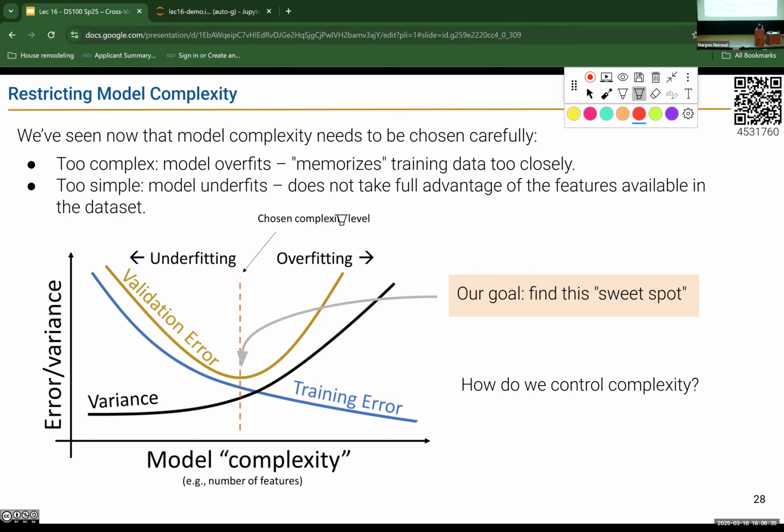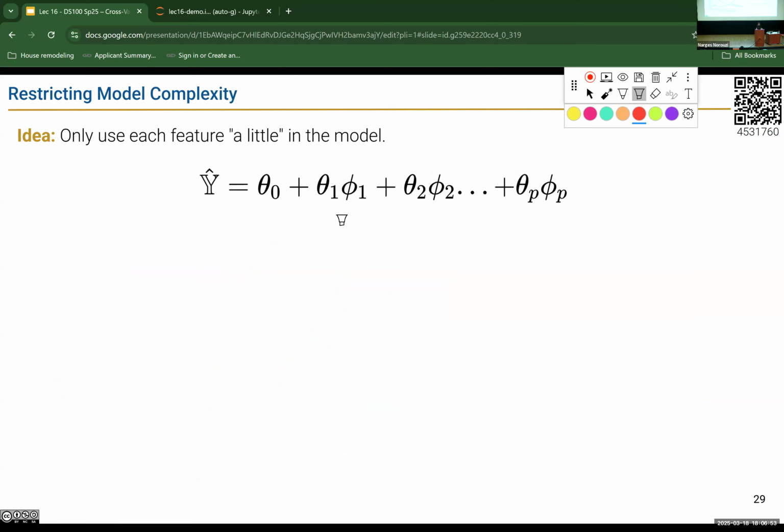So again, I keep telling you this idea of this dashed line, that we really want to find some notion of what's the right place for us to distinguish between underfitting and overfitting, and have a good performance both on the training data and also on validation data that we have.